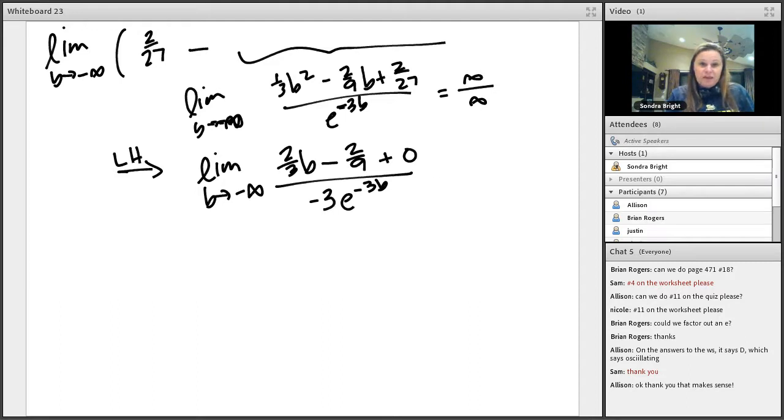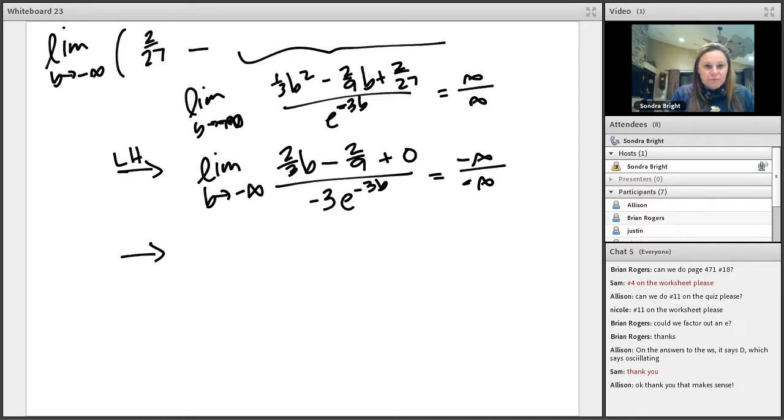What does that give me? That still gives me a negative infinity over e to the, it'll be a positive infinity, so that is another technically negative infinity because of the negative out front. So it's still an infinity over infinity.